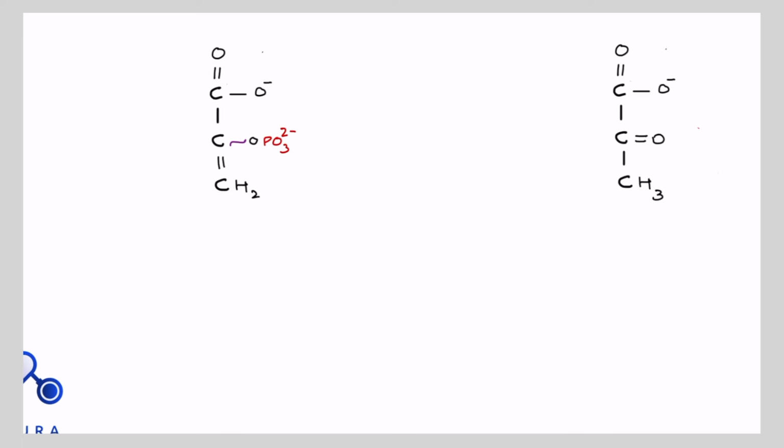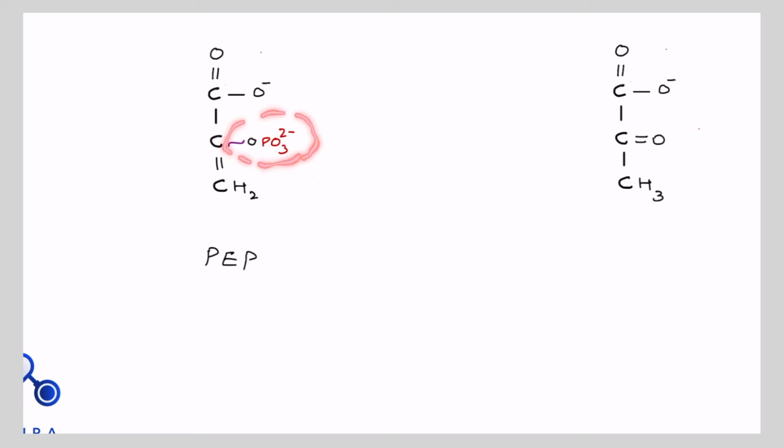So here we have our phosphoenol pyruvate, and there is a high energy phosphate bond that is here, as we talked about in the previous reaction.